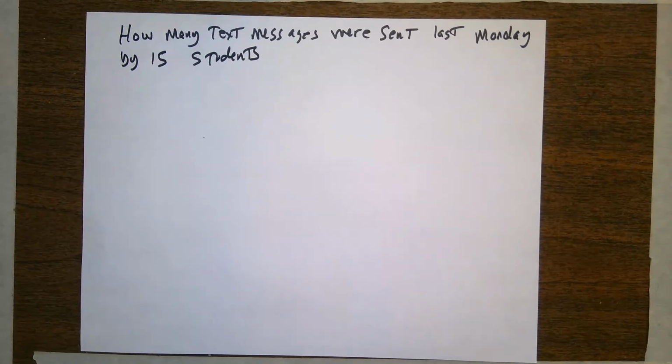So I'm going to go around, pick 15 students, and say, how many text messages did you send? And then I'm going to record the data here. So we can see that this data is going to be a much bigger data set. All right, so here we go.